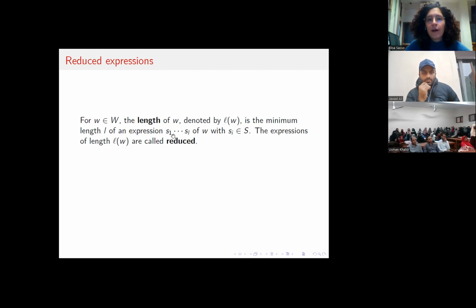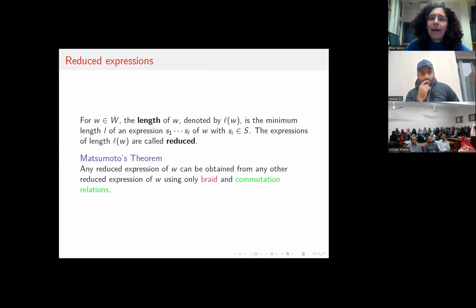So S1, S2, SL, this is a word. And we say that the length of this expression is the minimum number of letters that we need to construct the word. And if this number is minimum, we call the expression reduced.